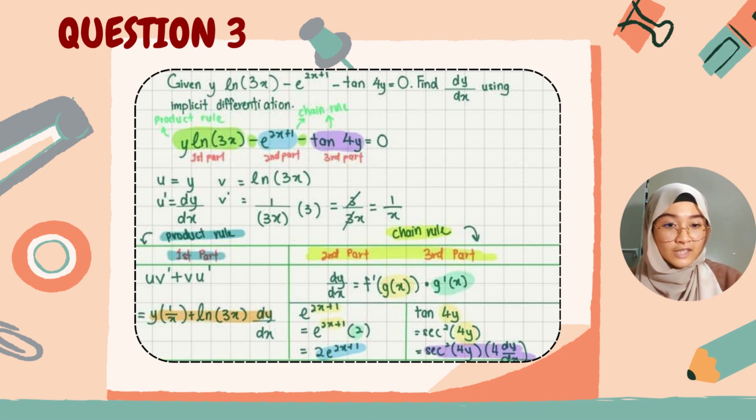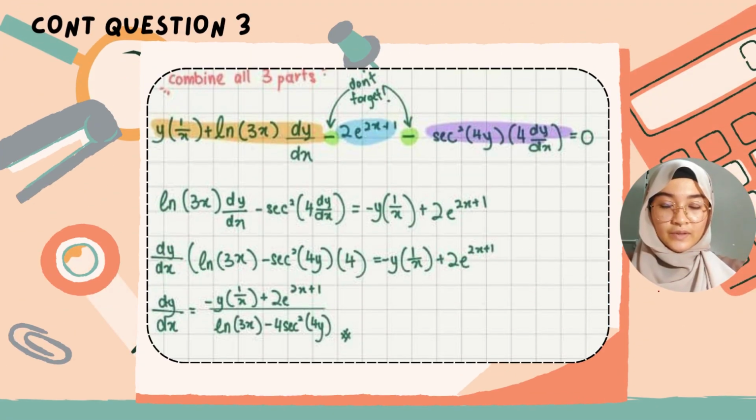So that is the end for the first, second, and third parts. But we're not done yet for the question, so stay tuned. Alright, so after that, we're going to combine everything that we differentiated into one equation, and then we'll get the equation that I got. And then we're going to move the terms involving dy/dx to one side, and if a term doesn't have any dy/dx, we're going to move it to the right side.